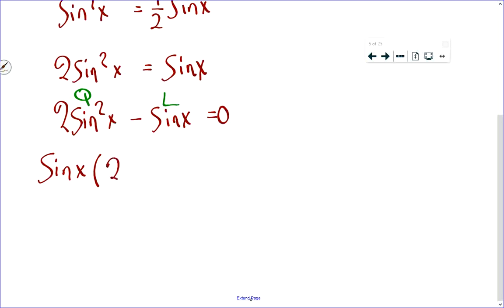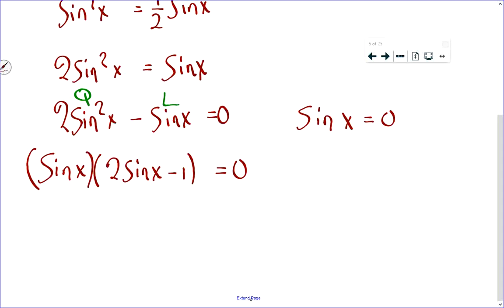I'm left with 2 sine x minus 1. Well, we're back to familiar territory. Sine of x equals 0 for the first factor, and sine of x equals 1 over 2 for the second factor. Because on a written response, you'd write 2 sine of x minus 1 equals 0. You'd rearrange for sine of x.